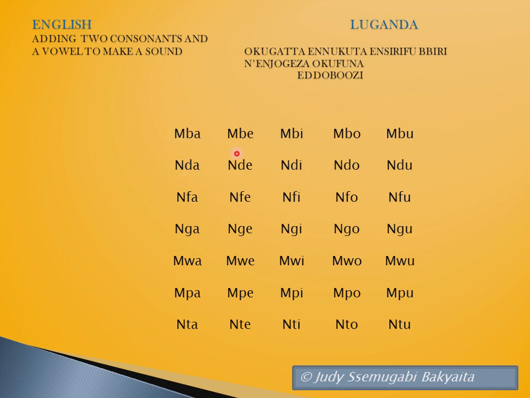Mba, mbe, mbi, mbo, mbu. Nda, nde, etc. Because if we take this M off and we have B and A, in Luganda we have ba. But when we add M, we have to say mba.